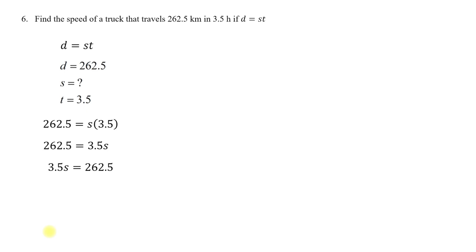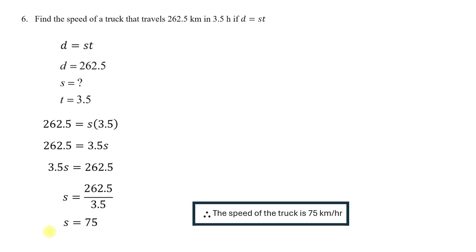So we're given 3.5S equals 262.5. If 3.5 times S equals 262.5, then S by itself equals 262.5 over 3.5. And with our calculator, we get a value of 75 for S. So we can say that the speed of the truck will be 75 kilometers per hour.